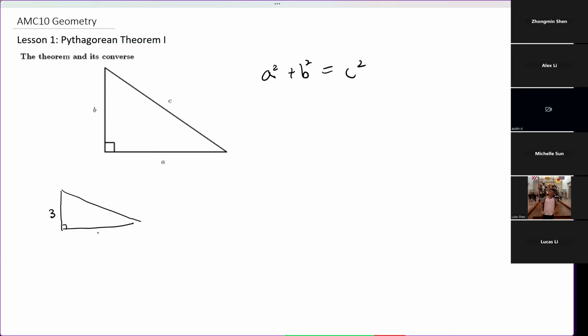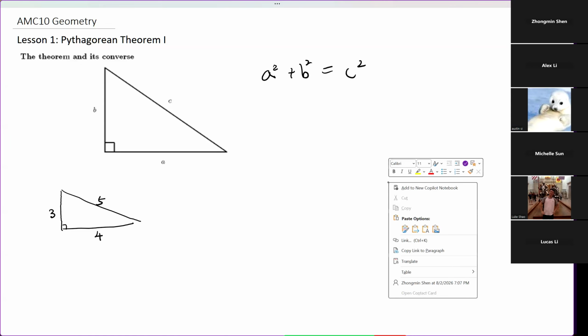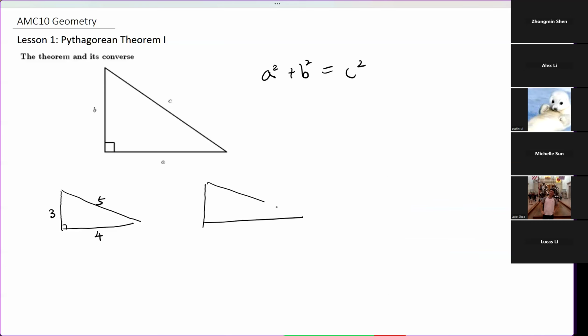If this side is three, that side is four, and the surprise, this will be five. But when you find this special right triangle, many people just stop there. I find it interesting, right? And then maybe 100 years later, another person discovers this special triangle, 5, 12, and 13.